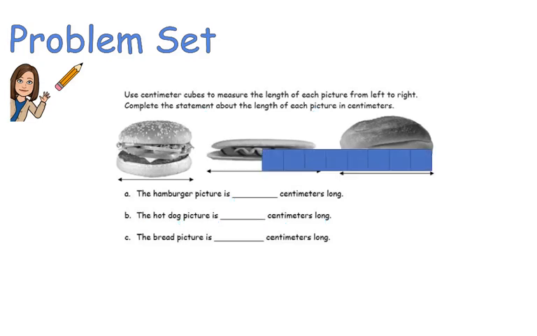Good. Let's do C. The bread picture is blank centimeters long. So we're going to start on the left, like it said, and count 1, 2, 3, 4. The bread picture is 4 centimeters long.